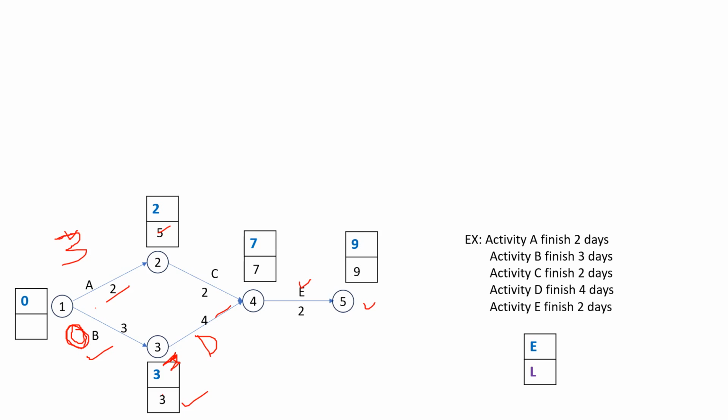Here we have to consider the minimum value, since event 1 is the burst event. For the burst event, the latest start time is the minimum time over all the activities. Here two activities are there, B and A, and the minimum time is 0. So we consider the latest start time for event 1 as 0.